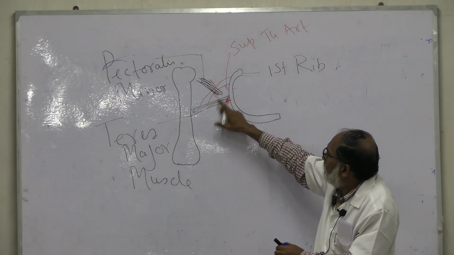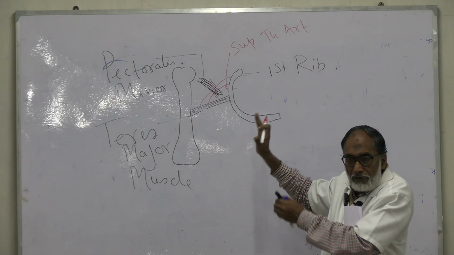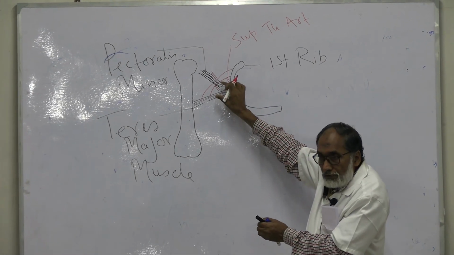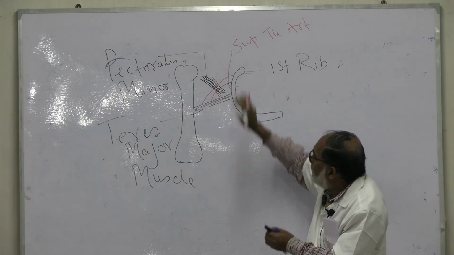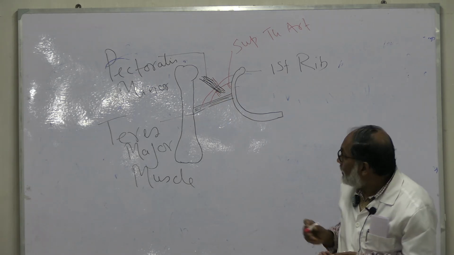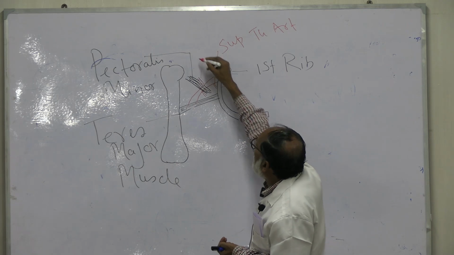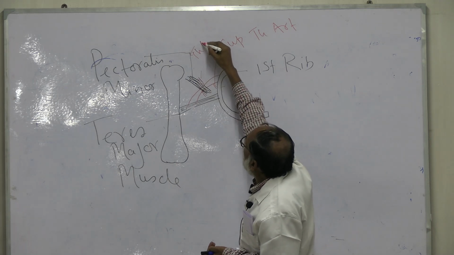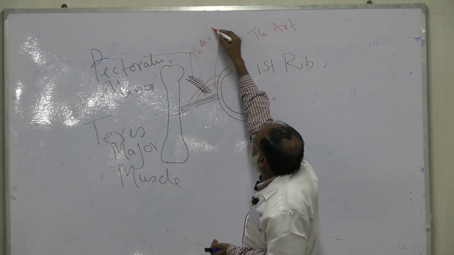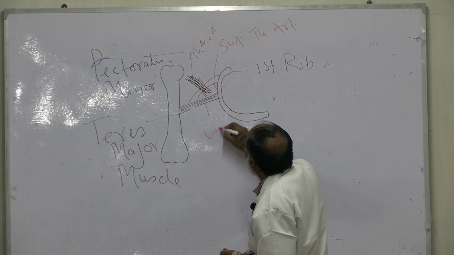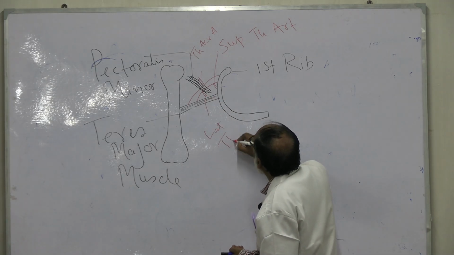But actually it will be inside, deep to it. This is the thoracoacromial artery, and this is the lateral thoracic artery.